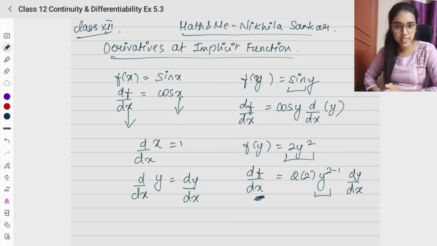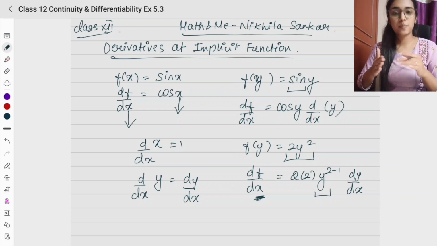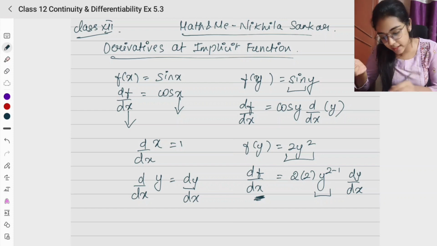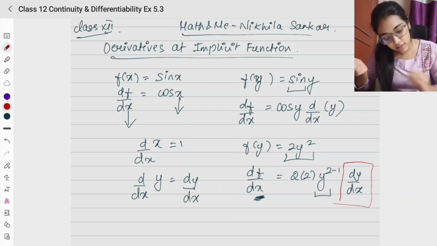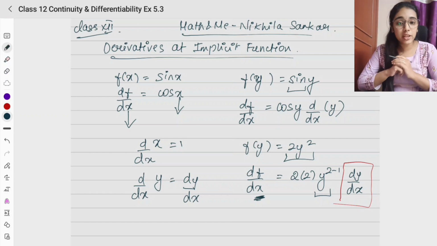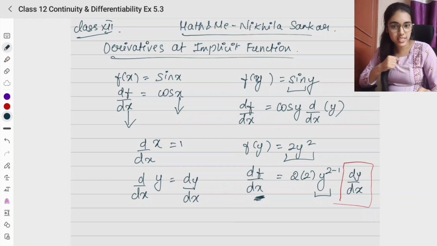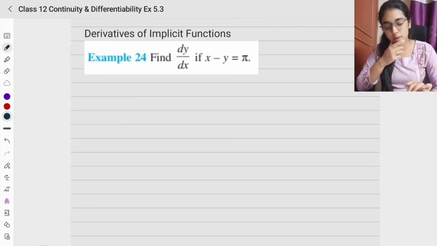Okay, so this basic concept you need to understand. So wherever you have y, you have to differentiate that with respect to x. If you cannot differentiate it, then just write it as it is. So this is how you write that. dy by dx must always come whenever your variable is dependent on y and not x, and when you are differentiating it with respect to x. Understood? Now let's get into some example questions.